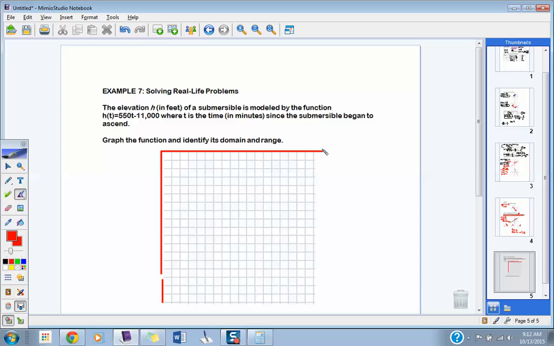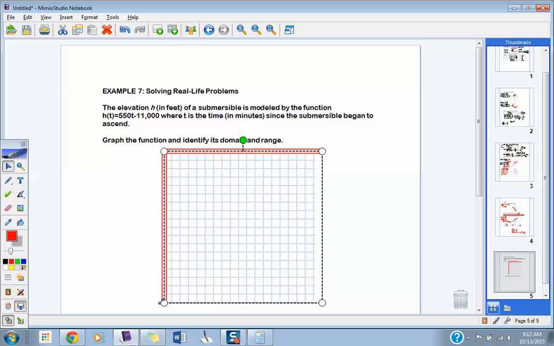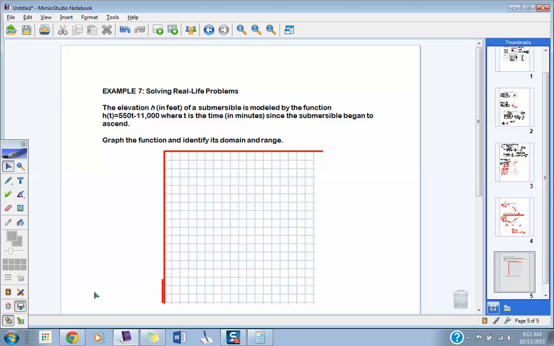So you might want to put that up there by your graph. Why don't you label these by a negative 1,000? So I'm going to count down 1, 2, 3. I'm sorry, 1,000.